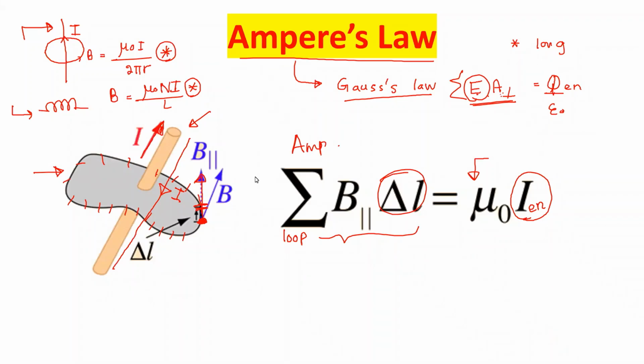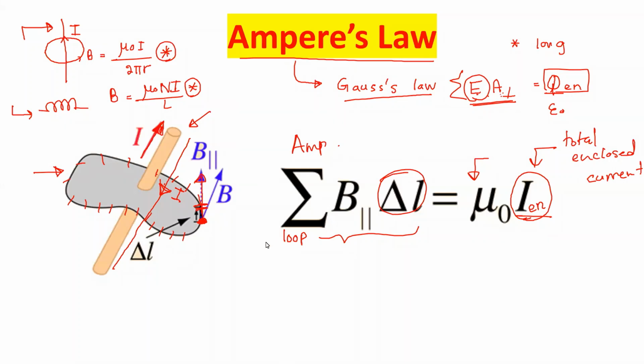It will be 0, right? If I had another current carrying conductor going this way, I minus I. So they become 0, right? So you have to take the total enclosed current. Just like we did charge in Gauss's law. We added positive charges and subtracted negative charges, right? In the same way, we will add currents in the same direction and subtract currents in the other direction.